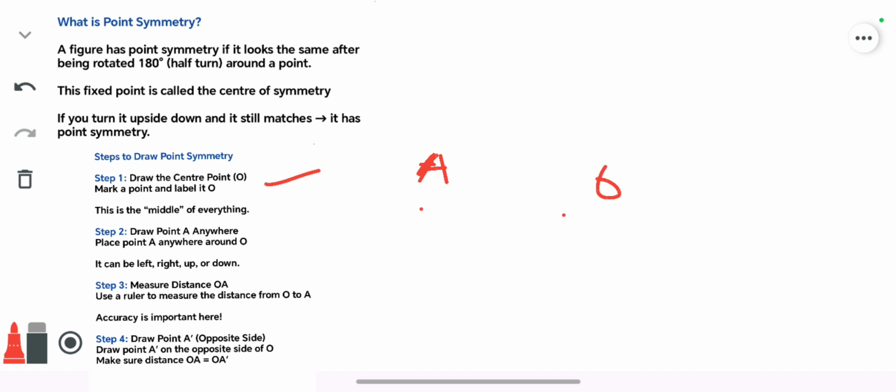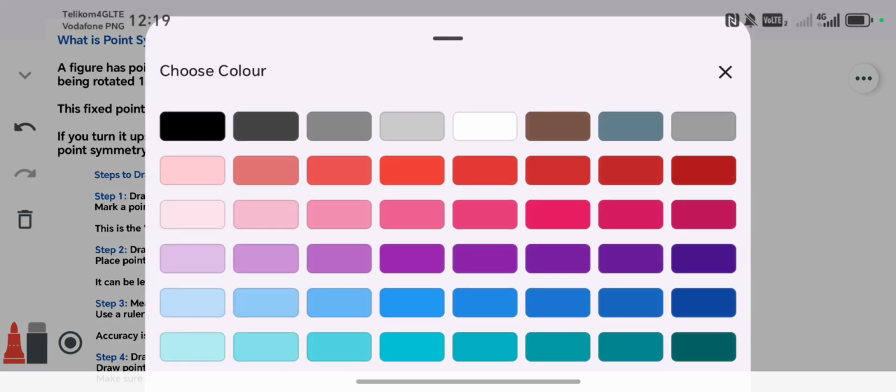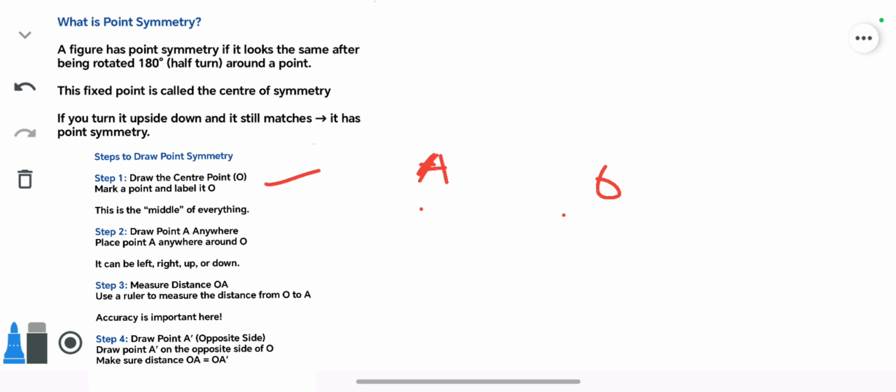Measure distance OA. So now we are going to measure distance O and A. For my case here, I'll just draw a line here. If you have a ruler with you, you can use it to get the accurate distance. So I'm drawing this line here to the center.